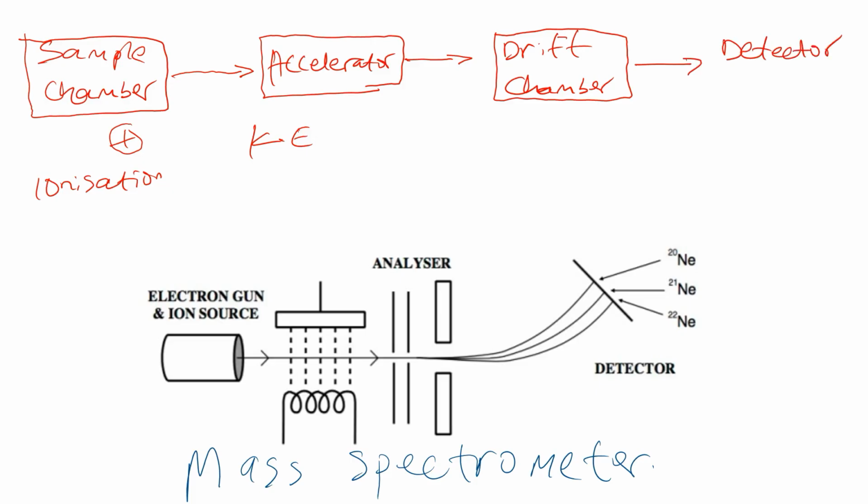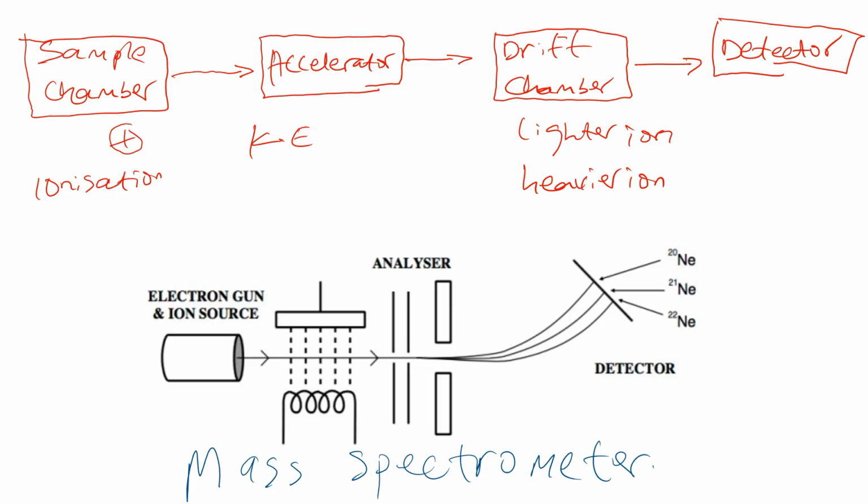The idea is this: the lighter ions are going to get to the detector faster than the heavier ions. So that is the idea.